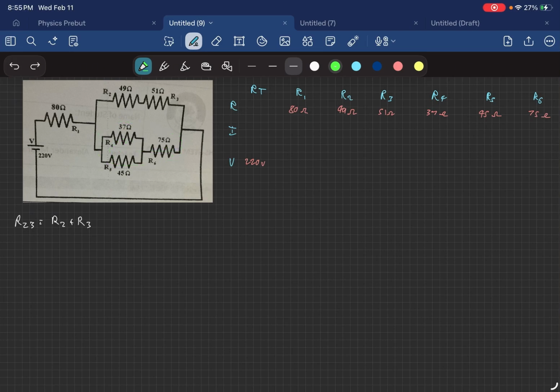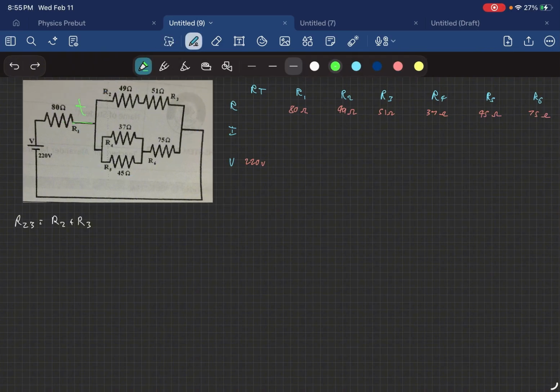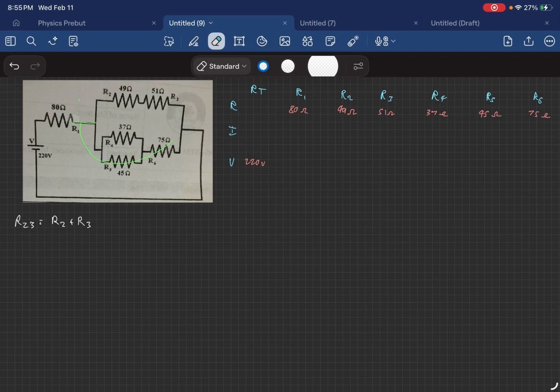And then R456, this whole part, is in parallel with R23. Once you have this, you need to add that to R1. Why? Because there's a direct connection with R1 to this whole thing. It's in series.